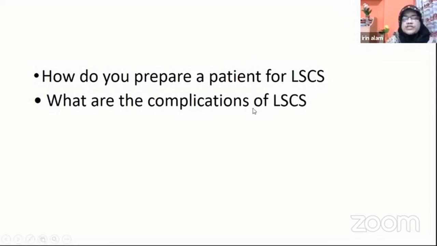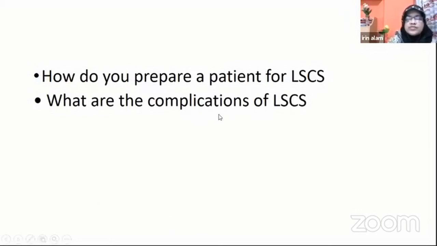What are the complications of LSCS? What are the complications of lower segment cesarean section? There may be anesthetic complications. During anesthesia, there may be hypotension, and due to hypotension there may even be cardiac arrest, and there may be aspiration.